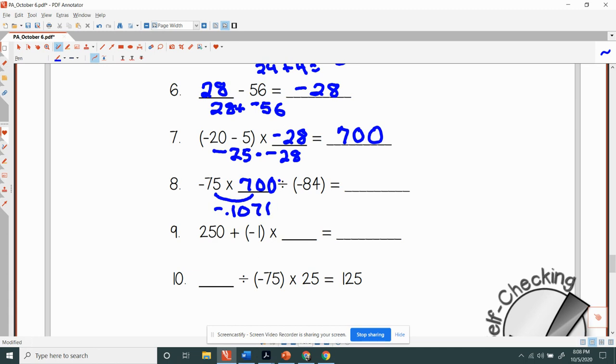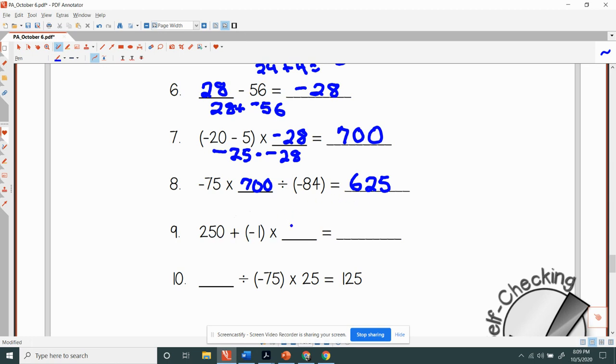Then we're going to divide that by negative 84. Oops, I don't like the way I did that. Let me write that again. Negative 75 times 700 divided by negative 84 will equal 625.